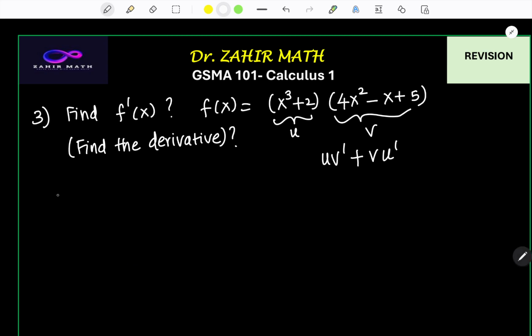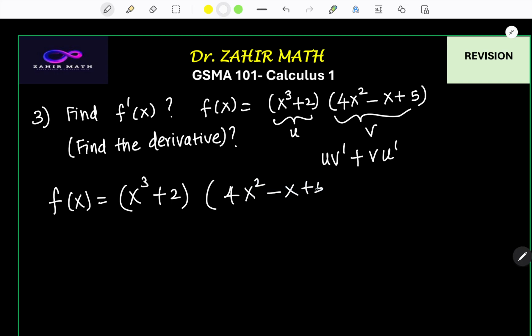So what is the shortcut? I'll tell you. Just listen. f of x equals (x cube plus 2) into (4x square minus x plus 5). First you multiply and simplify this. x cube into 4x square is 4x power 5.